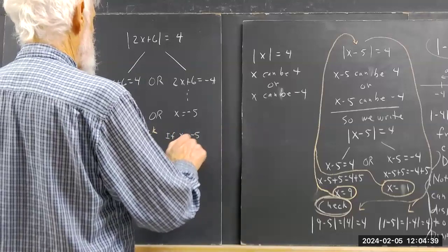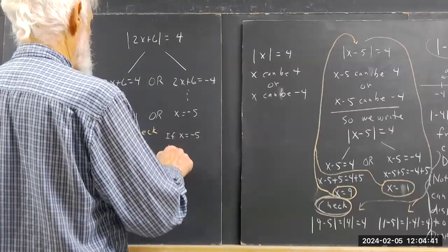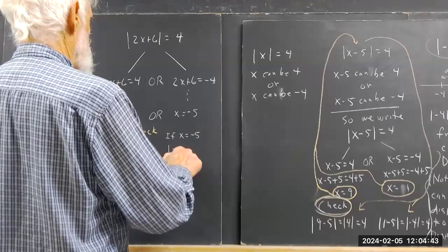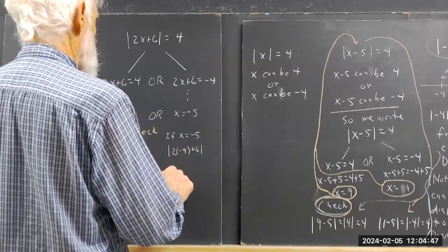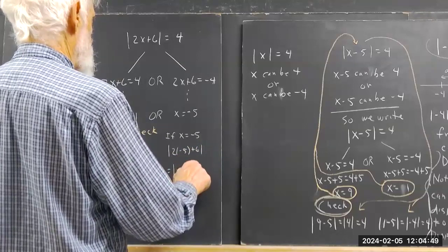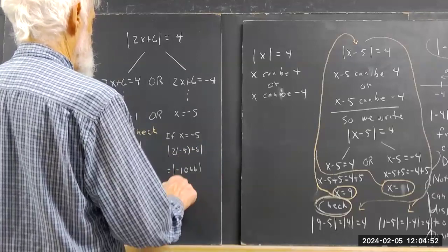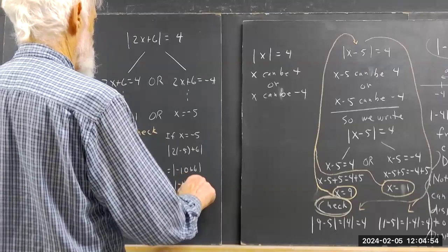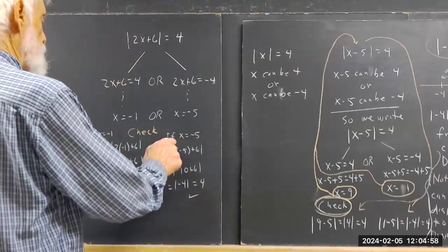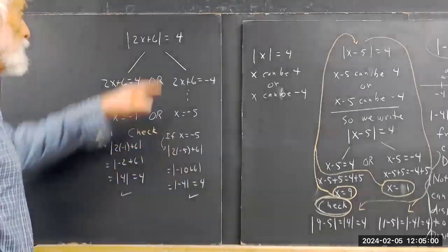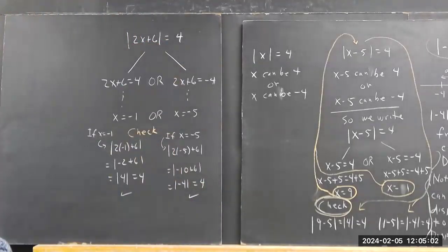X is negative 5, we get 2 times negative 5 plus 6. Absolute value is absolute value of negative 10 plus 6, which is the absolute value of negative 4, which equals 4. Check. Both ways, we get 4. It worked. All right.